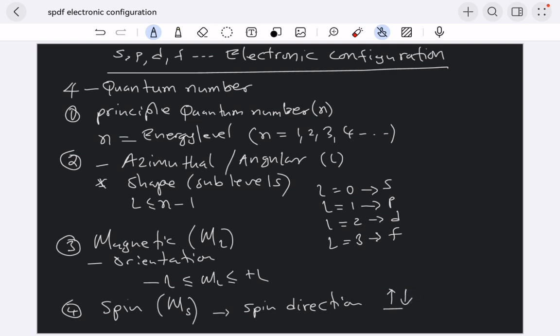The up spin represented by positive half, and the down spin represented by negative half.